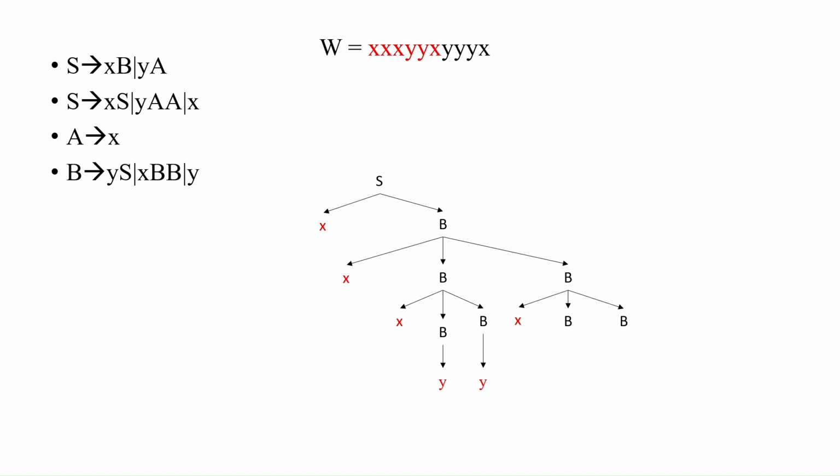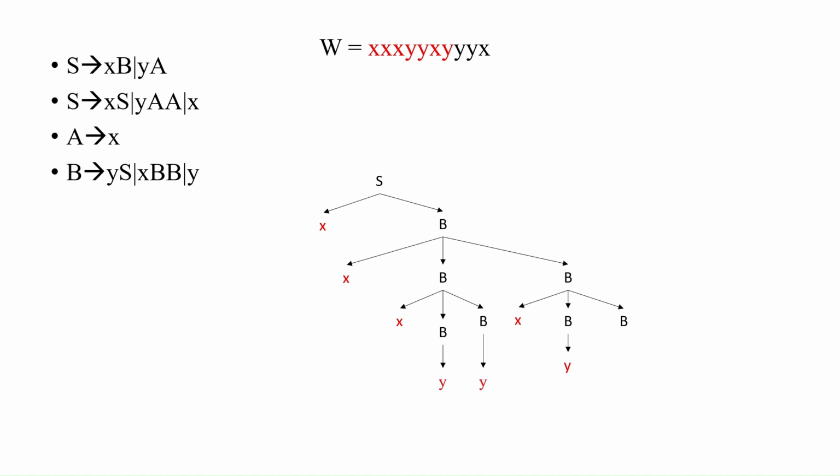Now we move to the 7th character. The 7th character is Y. For the Y, I am extending the B non-terminal with the production rule B can be written as Y. This is the representation.